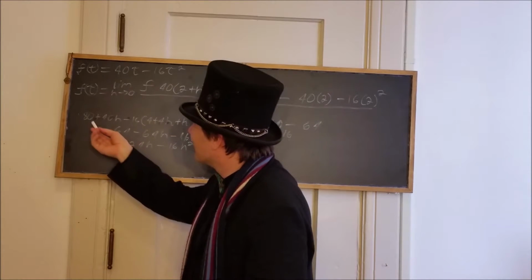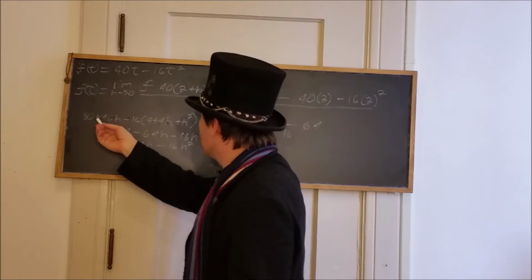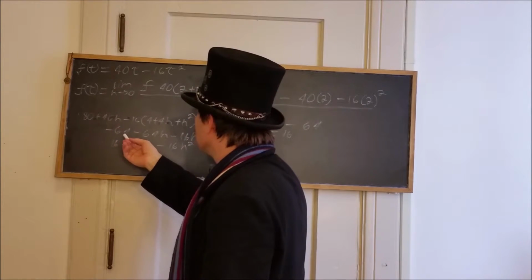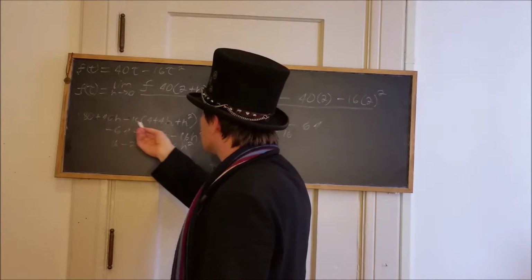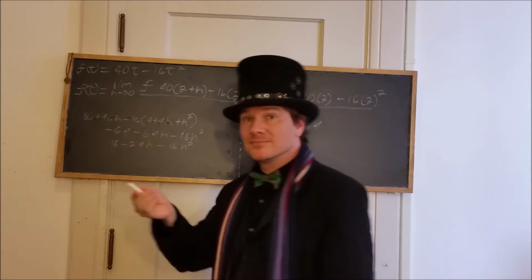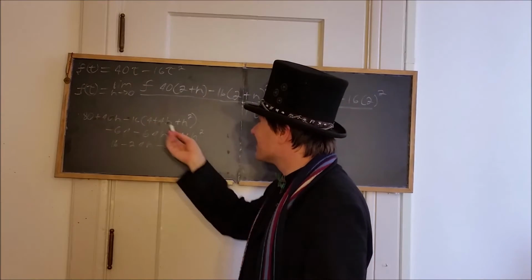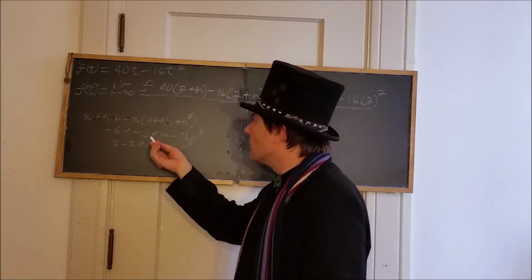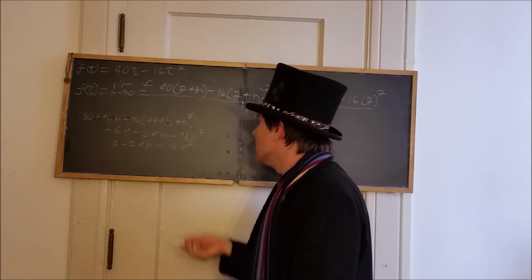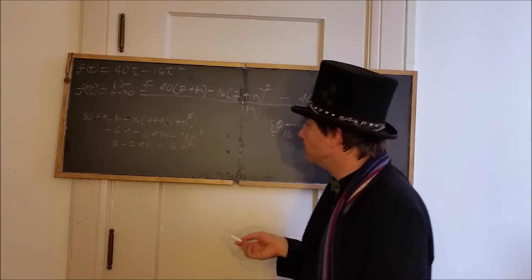And then when we distribute this negative 16 into the 4s and everything, we get negative 64 minus 64h minus 16h squared.